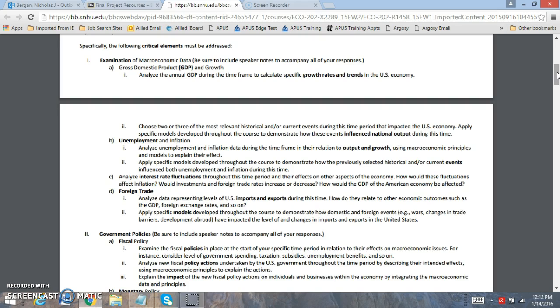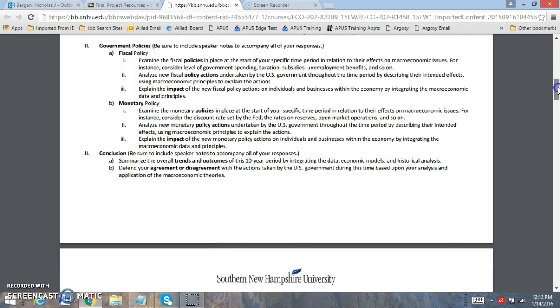Those are the key traits you want to put in your paper. Then part 2, you want to look at actions that focus on this. You want to look at fiscal policy, which is taxes and government spending, and monetary policy, which is changes in interest rates. All of this information needs to be contained in the detailed speaker notes.